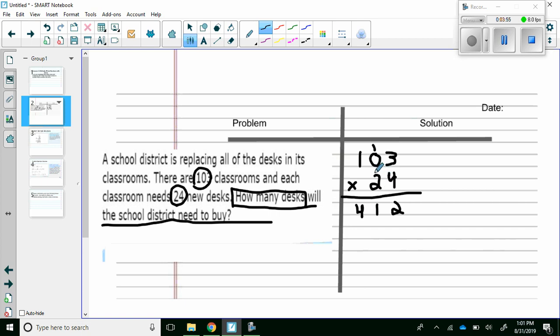Next, I'm going to multiply this tens digit. I'm multiplying the 3 times 2, so I have 3 groups of 2 tens, which is 60, sorry, 6.